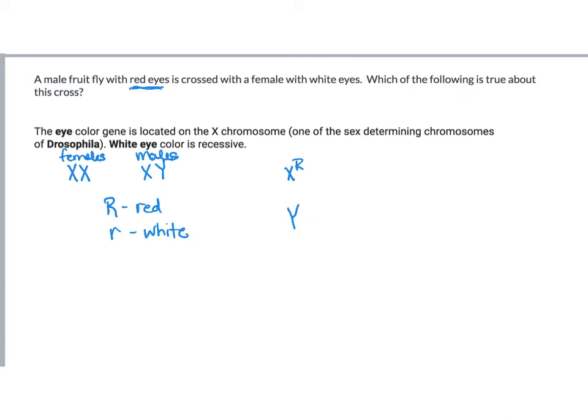It says it's crossed with a female with white eyes. So the female is going to be X little r, X little r. Because the only way it can have white eyes is to have two recessive alleles, right? Be homozygous recessive. And then we just go ahead and draw our Punnett square.